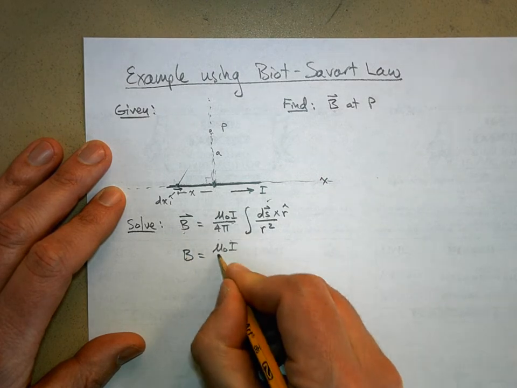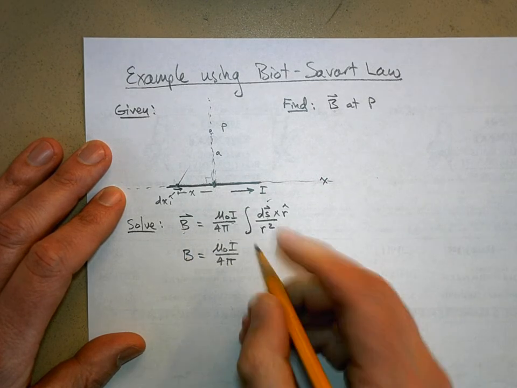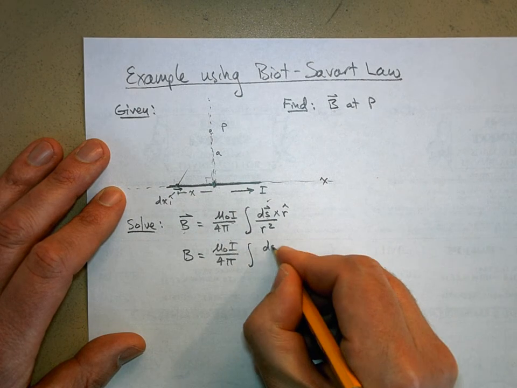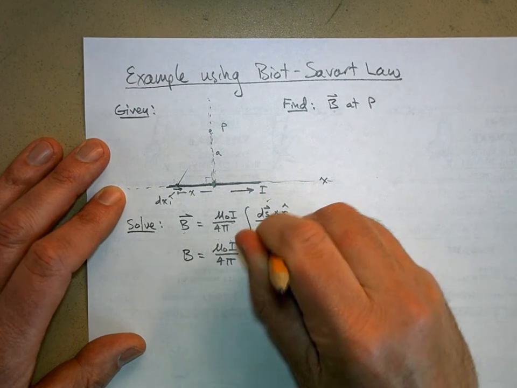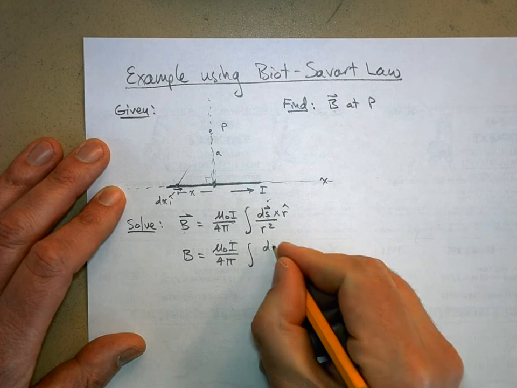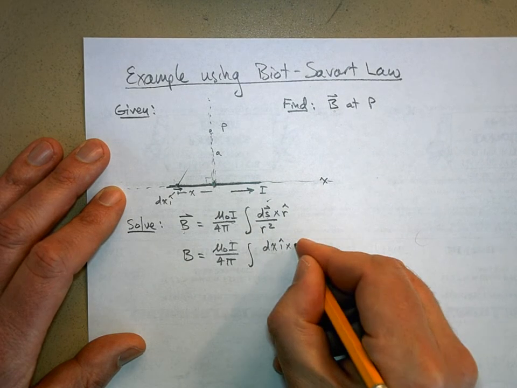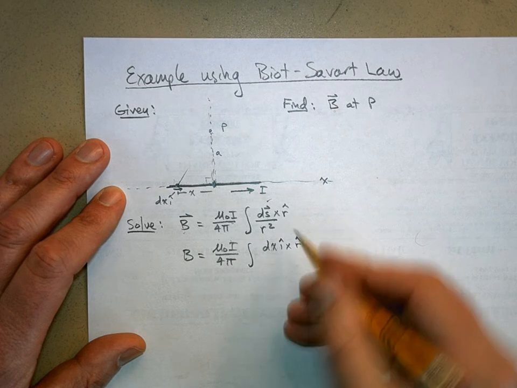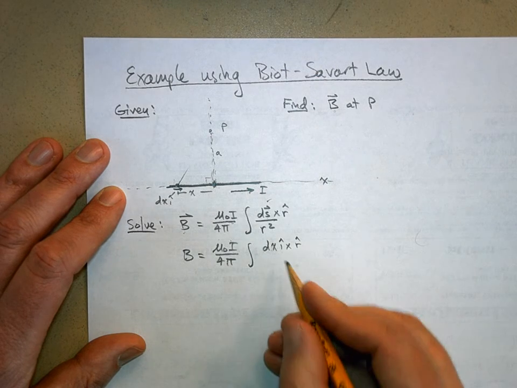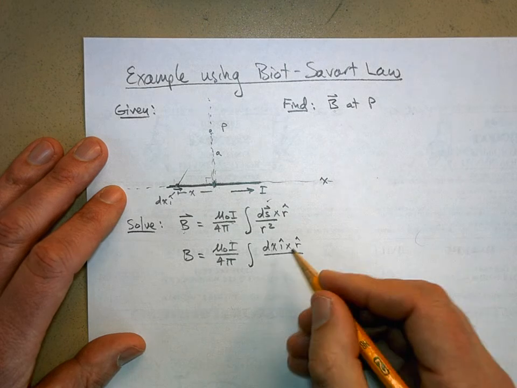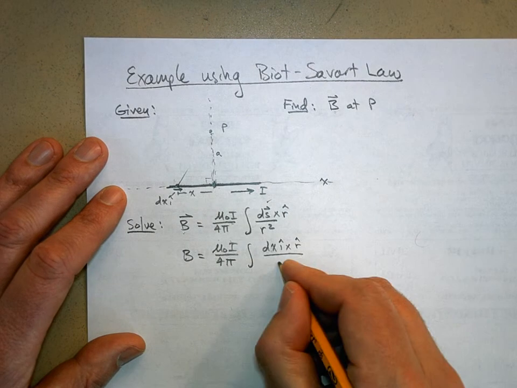Mu naught I over 4 pi times this integral, and I have a dx in the i hat direction, crossed with r hat, and I'm going to be able to get rid of that in just a minute, over r squared. Okay.